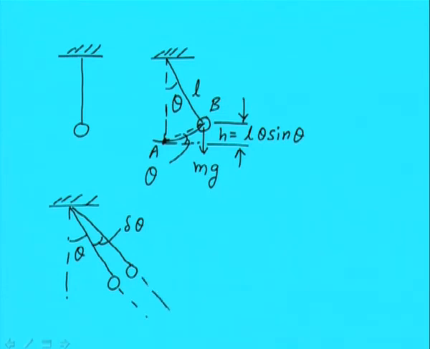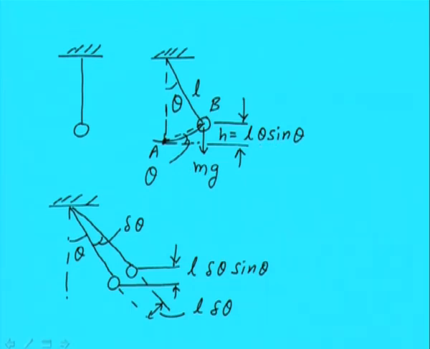This particular distance would be L into delta theta, because this is the length and this is the angle, and this vertical movement of the pendulum on the same line as the previous one can be written as L delta theta sin theta. Now we know various positions of the ball with the help of these dimensions.